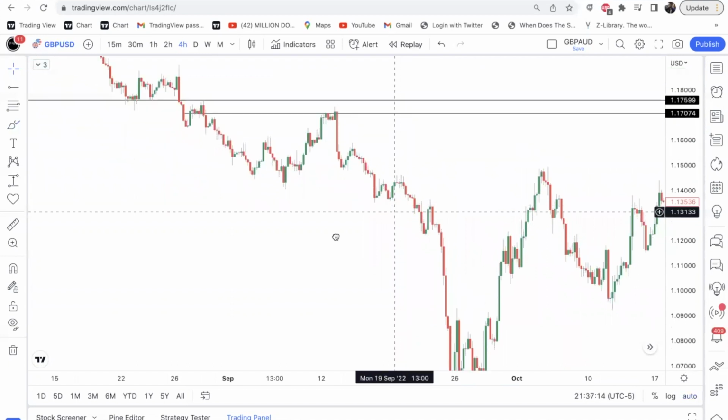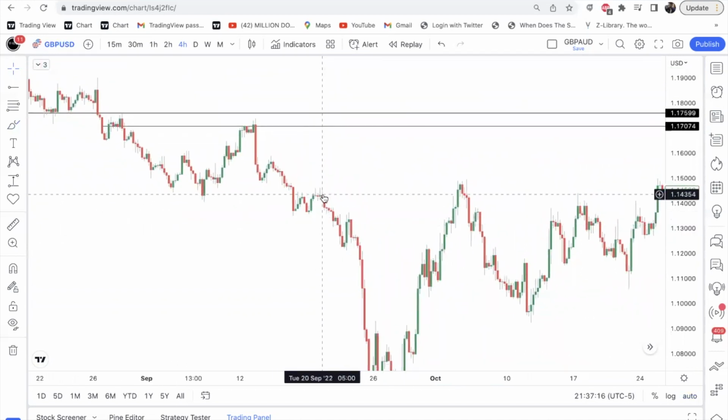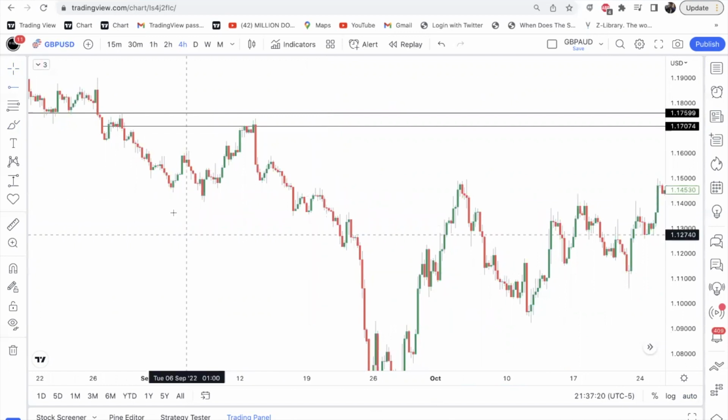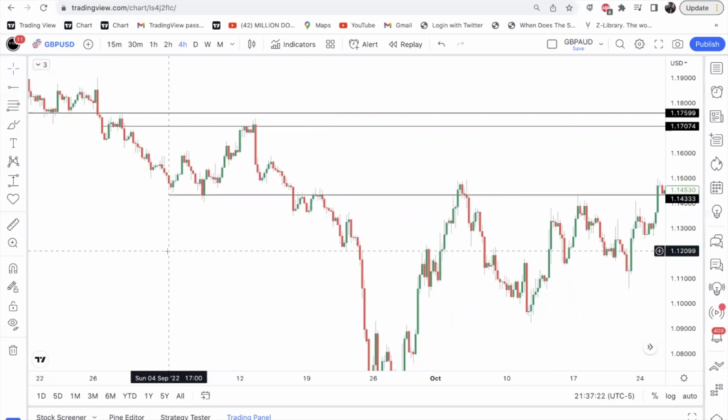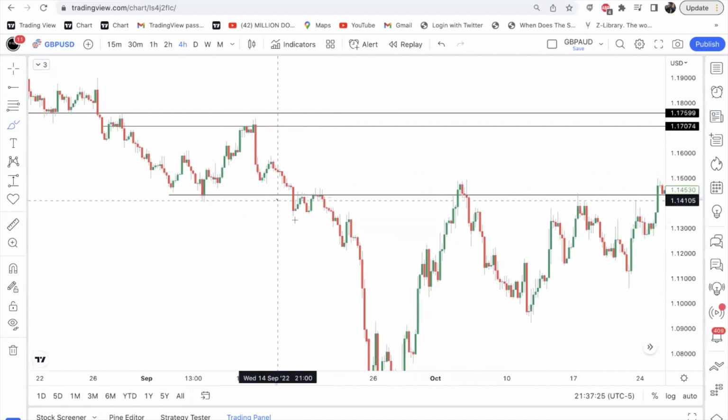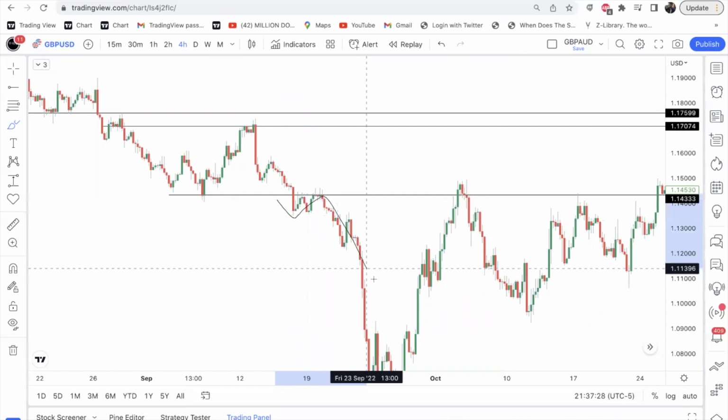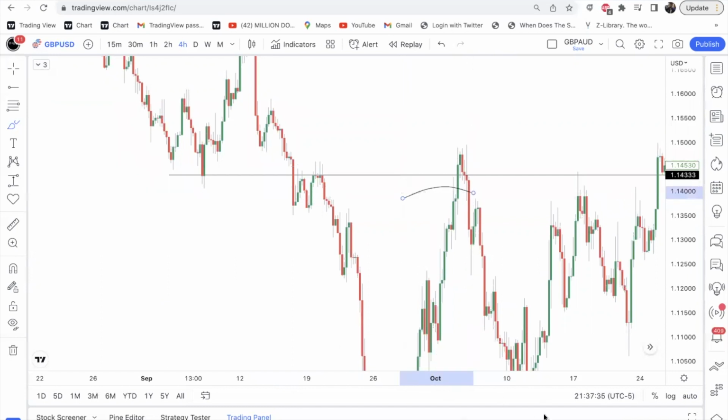So as you can see, really price action and market structure is everything. It's really important, because we could take this all the way down here. Price broke below here. See that? Retest it. Continue. All right, so right here.